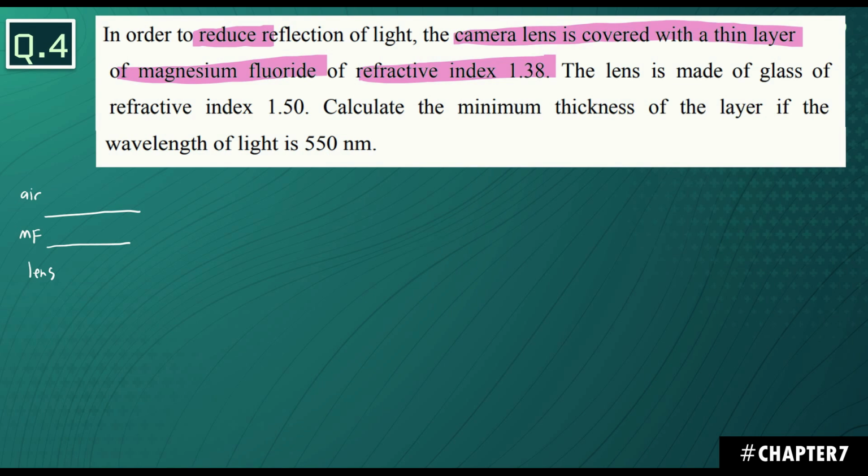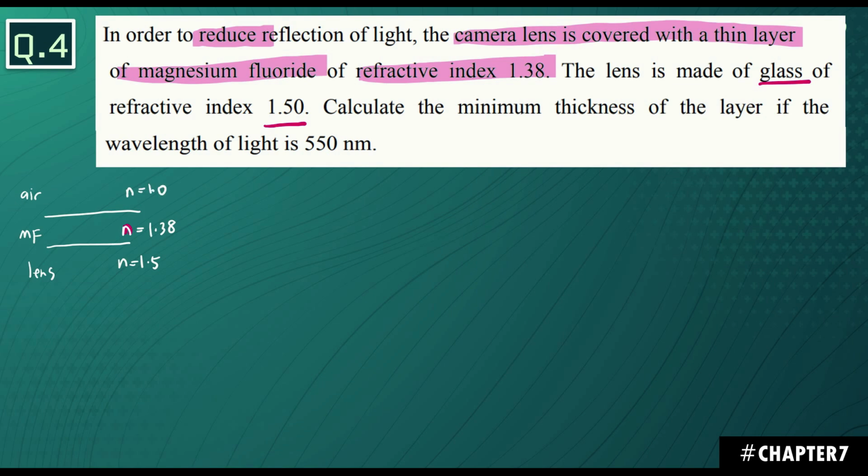The lens is made of glass of refractive index of 1.5. So we have n here for the lens 1.5, and for magnesium fluoride is 1.38, and up here is air, 1.0.